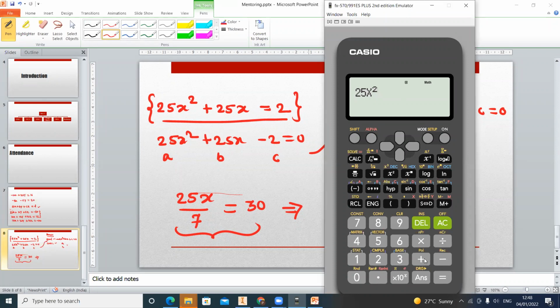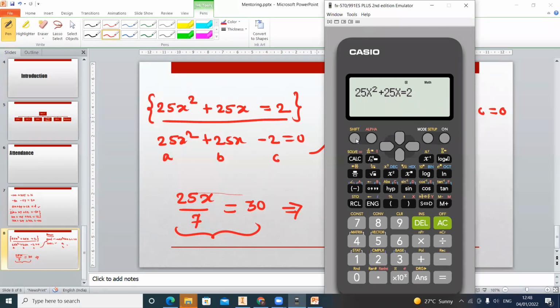After that, plus 25, then x, that means alpha x. Then equal to, so alpha calc, that is equal to, and then constant is 2. So this is our complete equation, 25x square plus 25x equal to 2.